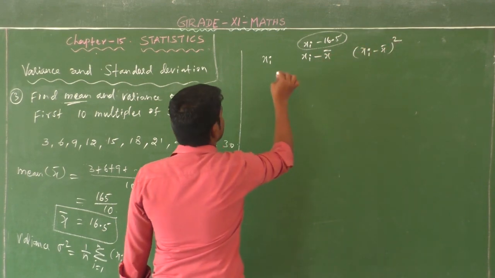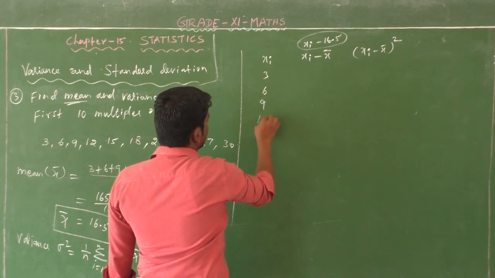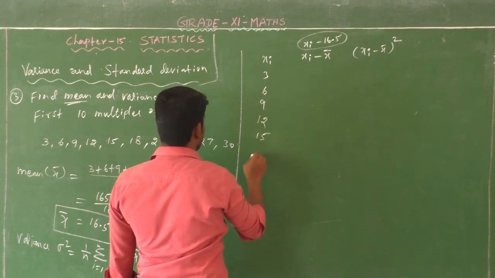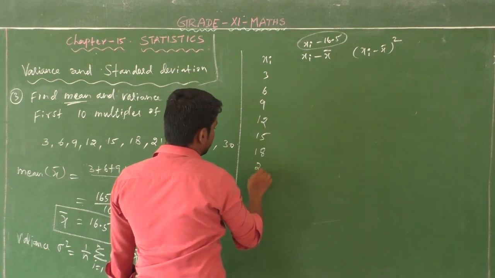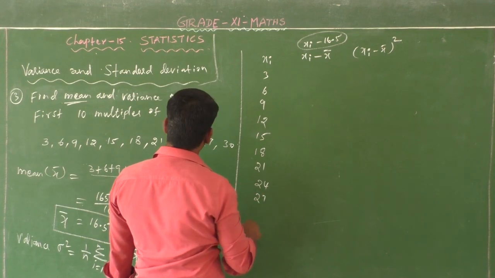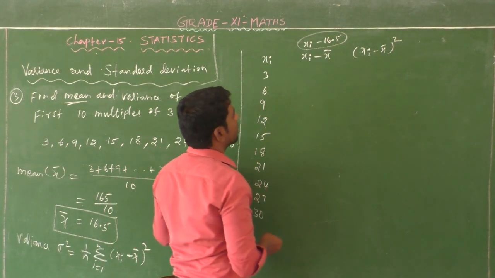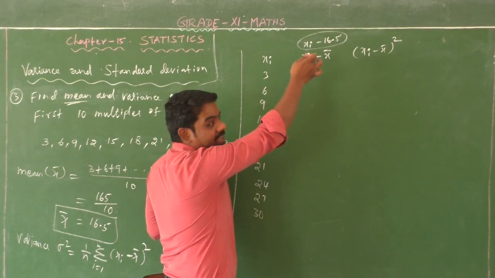So xi is 3, 6, 9, 12, 15, 18, 21, 24, 27, 30. Now xi minus x bar, where x bar is 16.5.